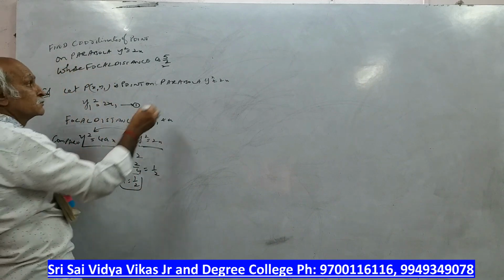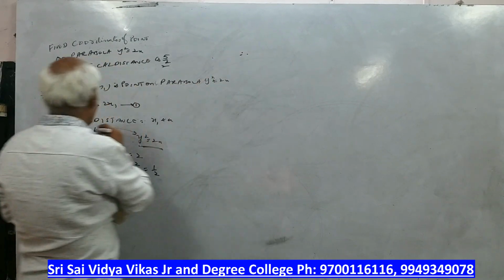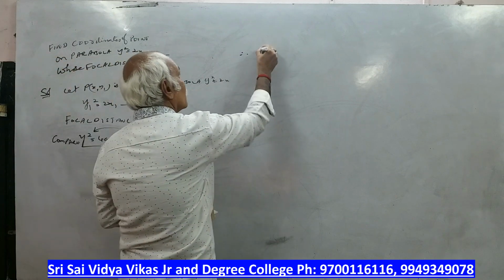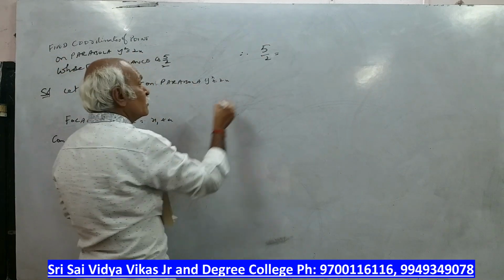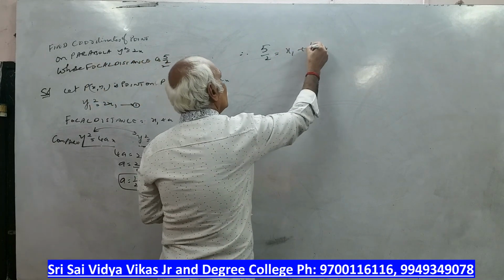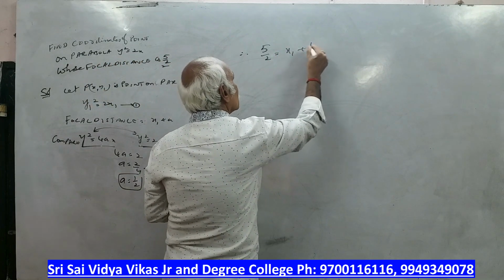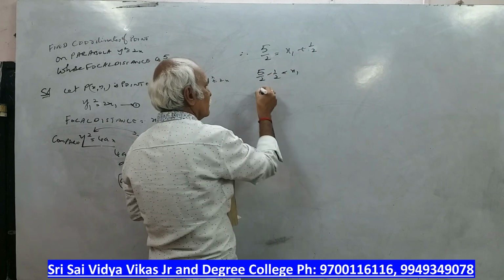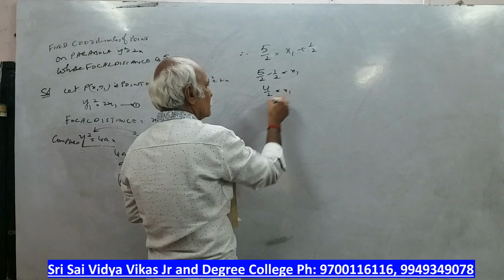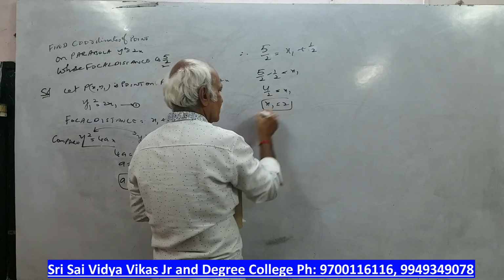Therefore, focal distance, how much has he given? 5 by 2. And x1 we do not know. The a value we got as 1 by 2. So 5 by 2 minus 1 by 2, that is 4 by 2, is equal to x1, x1 is equal to 2.